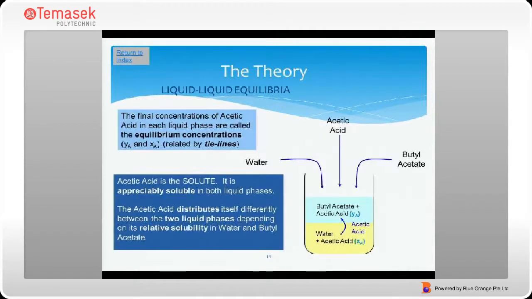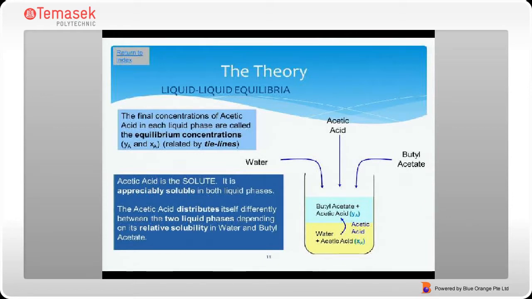We will look at this system of acetic acid, water, and butyl acetate. Acetic acid is the solute which is soluble in both liquid phases. As butyl acetate is put in contact, acetic acid distributes itself differently between the two phases depending on its relative solubility.